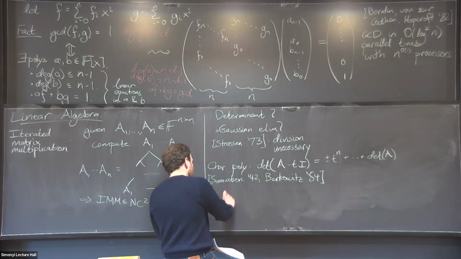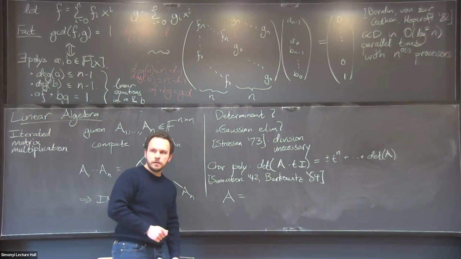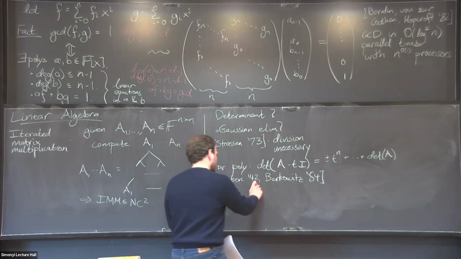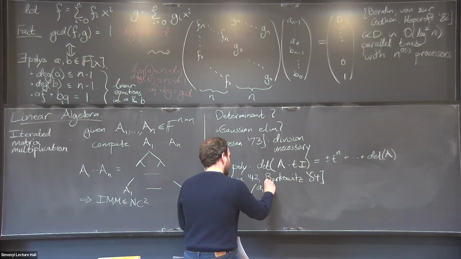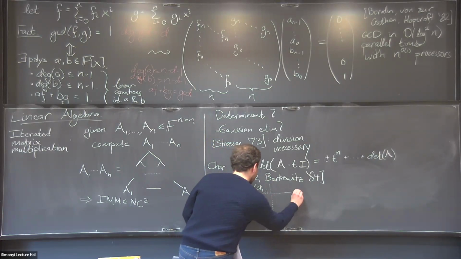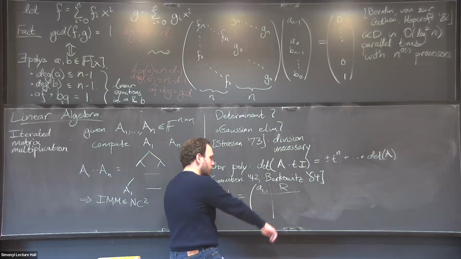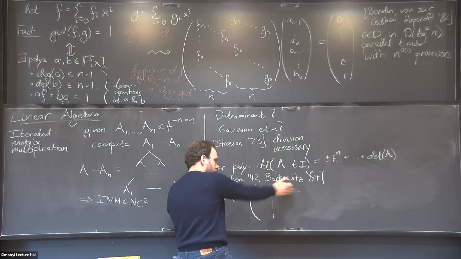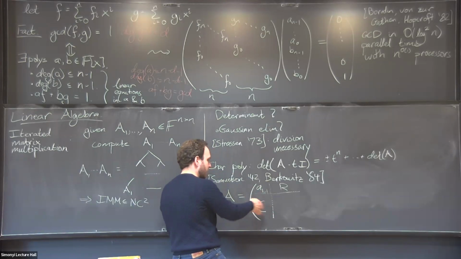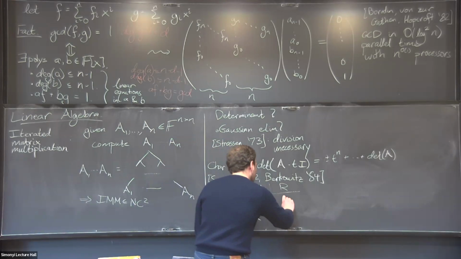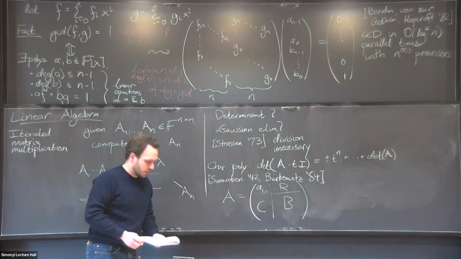So here's an idea that you can use to compute the characteristic polynomial. Say you have a matrix A, and you want to compute its characteristic polynomial. Let's take A and break it into a block matrix. I have a 1 by 1 block in the top left corner, a 1 by n minus 1 block, which is some row, an n minus 1 by 1 block, some column, and then some large matrix, say B, in the lower right-hand corner.